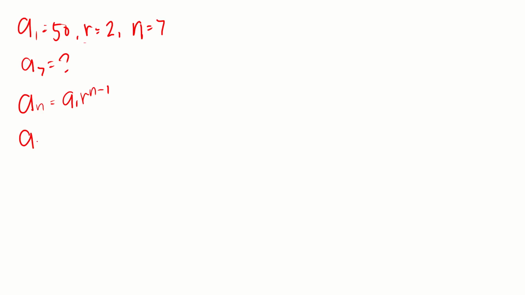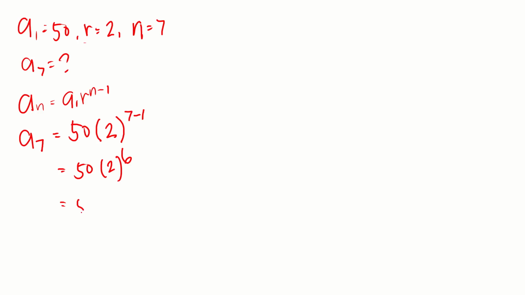O substitute na, di ba? Ang hinahanap ay si A sub 7 equals, ang first term is 50 times the common ratio is 2 raised to n minus 1, and n is 7 minus 1. So again, yung exponent muna. So 50 times 2, then 7 minus 1 will give you 6.